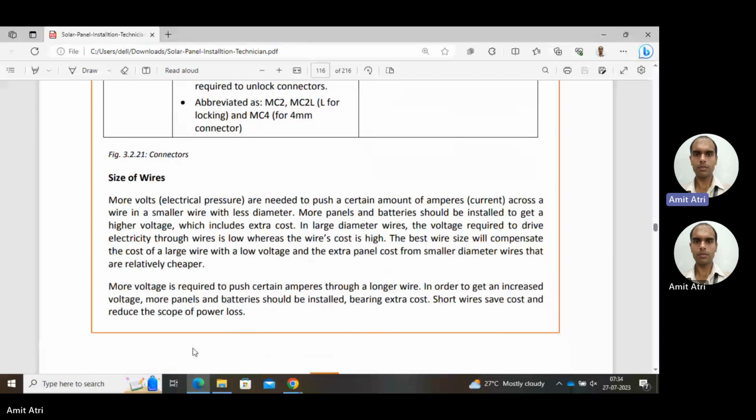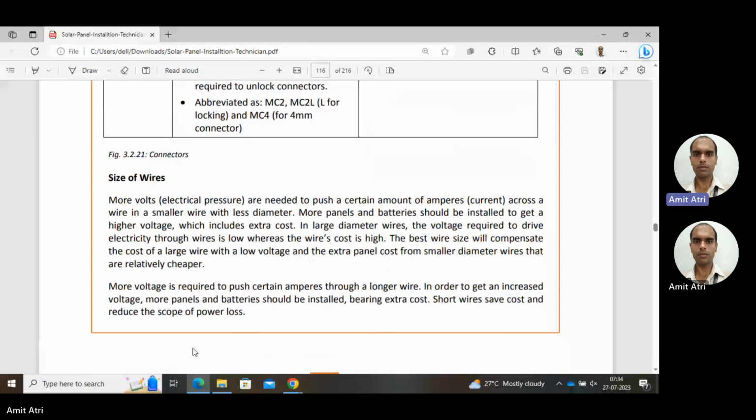Okay, so more panels and batteries should be installed to get a higher voltage, which includes extra cost. So in large diameter wires, the voltage required to drive electricity through the wire is low, whereas the wire's cost is high. Okay, diameter is more, so more metal is needed, and correspondingly the cost will increase. Okay, but resistance is less. So voltage required, that will be less as compared with a thin wire.